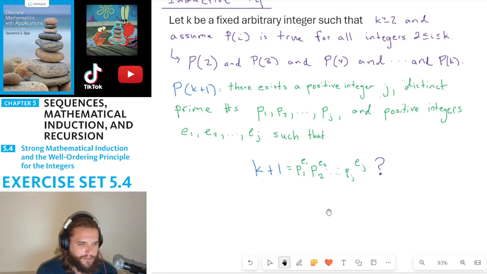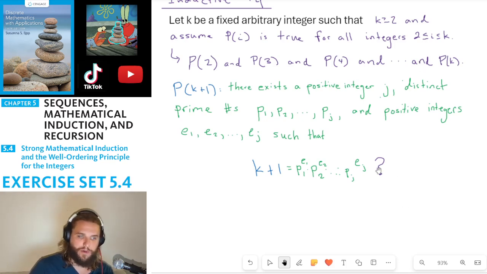So we need to somehow find a way to factor k plus 1 into factors of only prime numbers. And we can use our inductive hypothesis to prove this. We're assuming that we can factor 2, we can factor 3, we can factor 4, we can factor every number up through k into factors of prime numbers only. We need to show that we can factor k plus 1 into prime factors only.